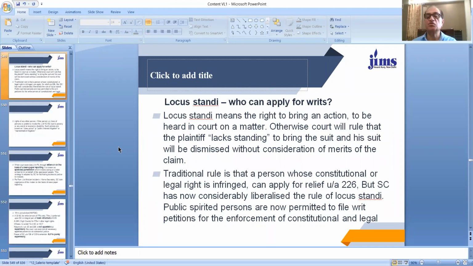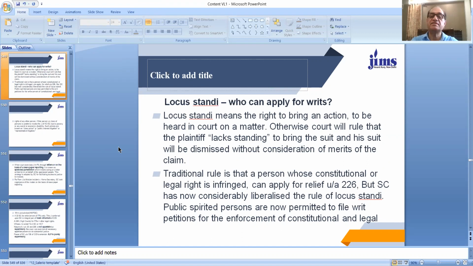Now, dear students, you must understand the concept of locus standi also. Locus standi means the right to bring an action, right to be heard in a court, right to stand in a court. So the question is, who can apply for writs?